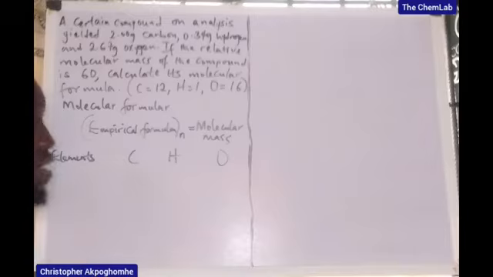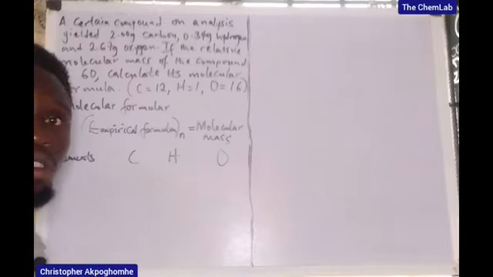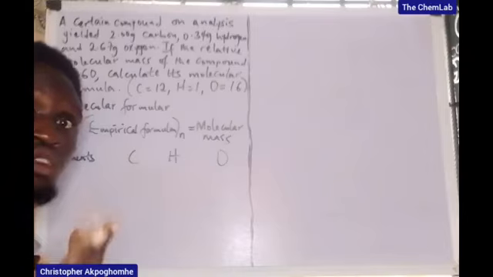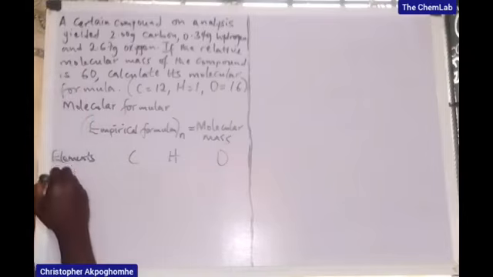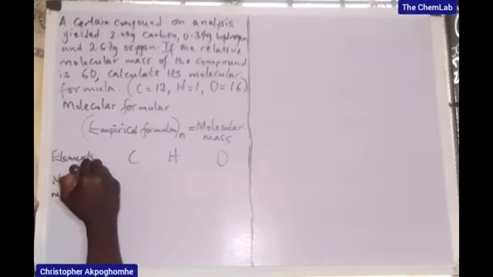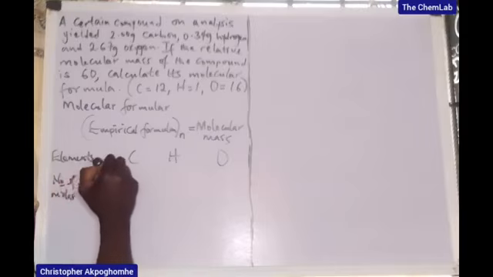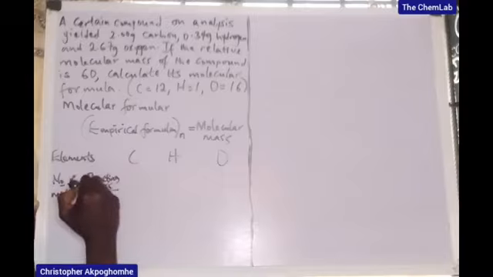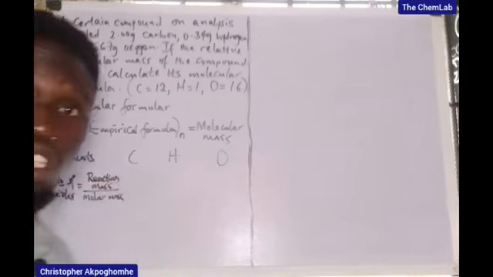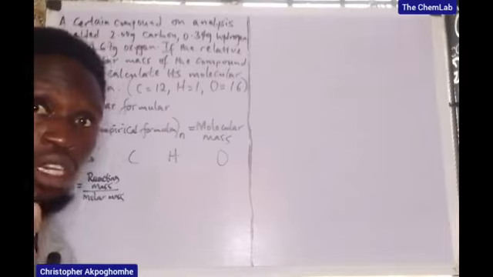The next thing is to look for the mole ratio. The number of moles is equal to reacting mass over molar mass. That's how to calculate the number of moles.